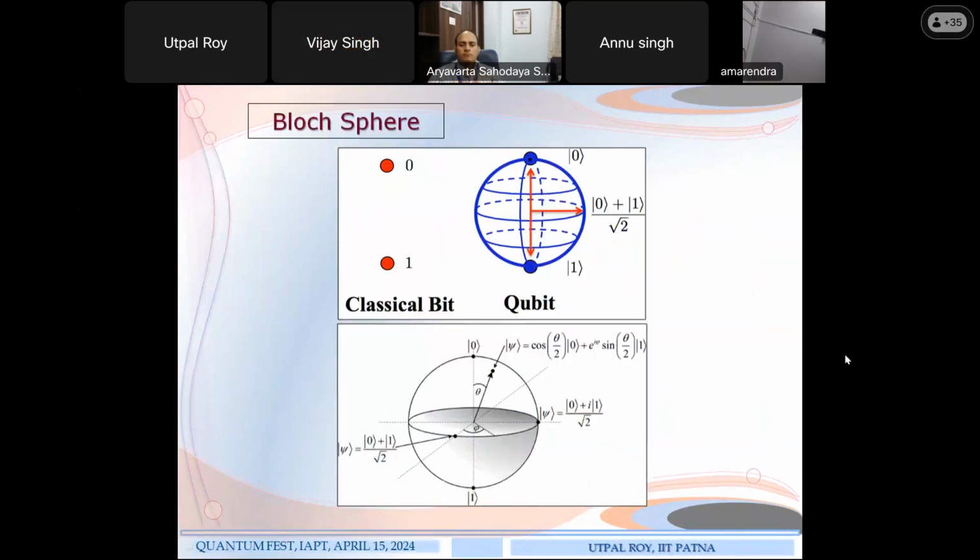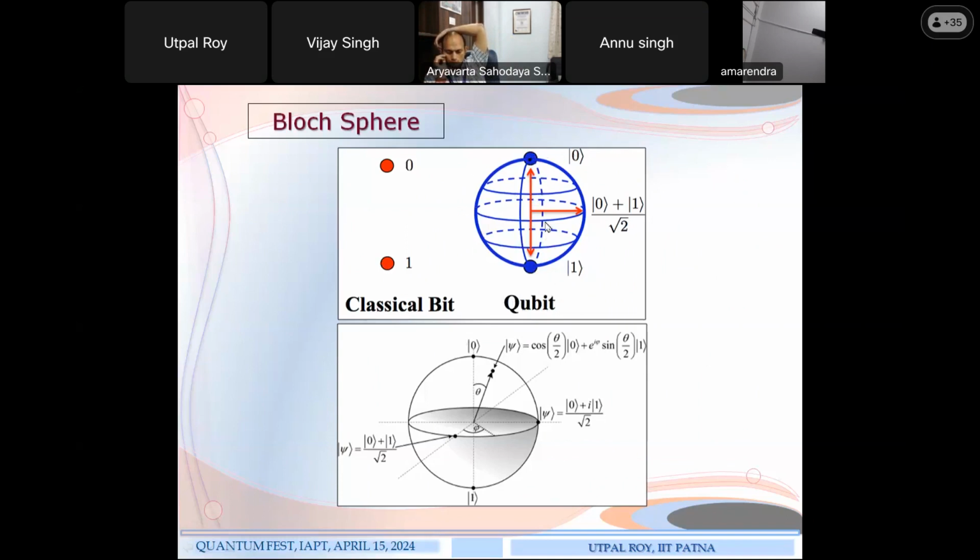Now, what is the difference? As I said, a quantum bit, which is a qubit, can hold an infinite amount of information. Here you see the classical bit, 0 and 1, and this is the qubit, the quantum bit. The 0 is the north pole and 1 is the south pole of a sphere. Imagine that this is the Earth, and the North Pole is defined by the 0 state and the South Pole by the 1 state.